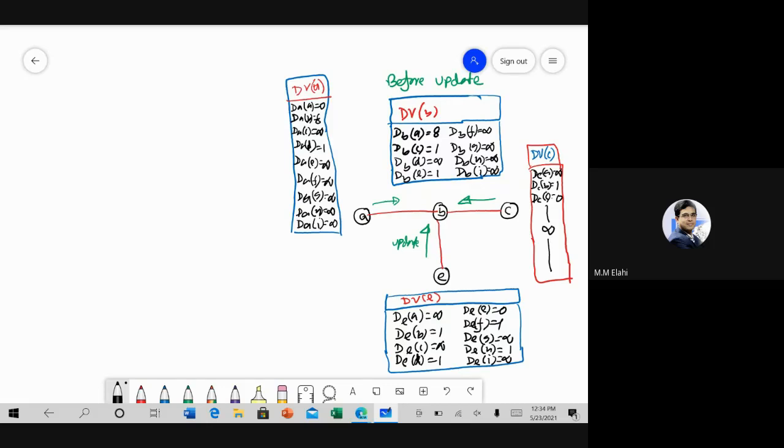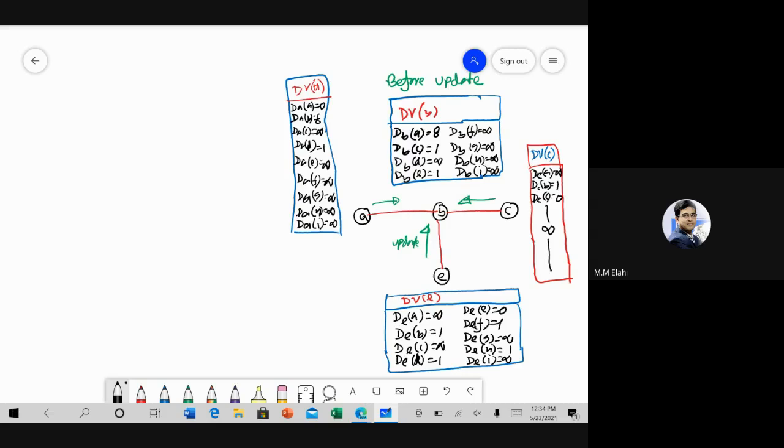Infinite. Please follow me and also use your paper and pencil. But if you see the distance vector of A, which sends an update to B, what is the distance from A to D? 1, sir. 1. So just think simple. Just forget the algorithm.